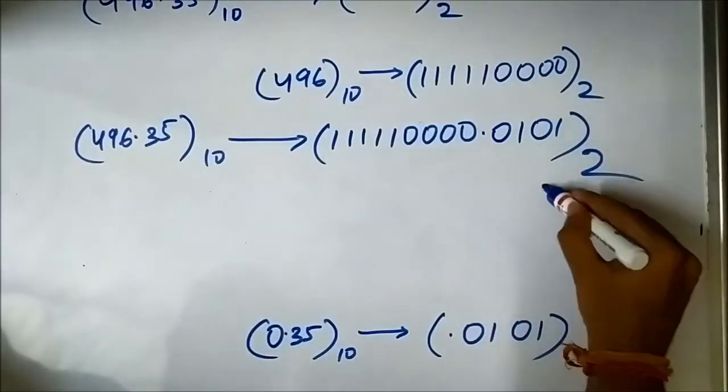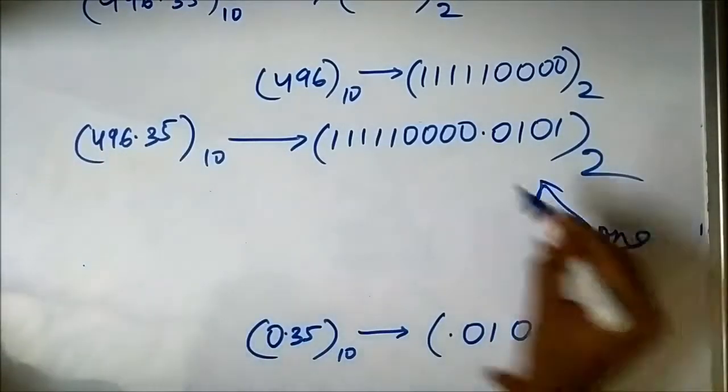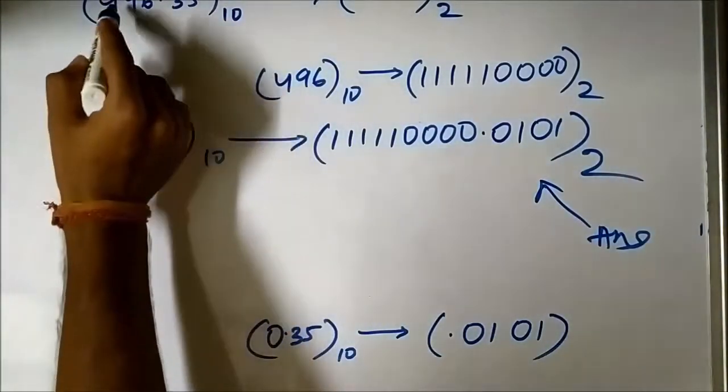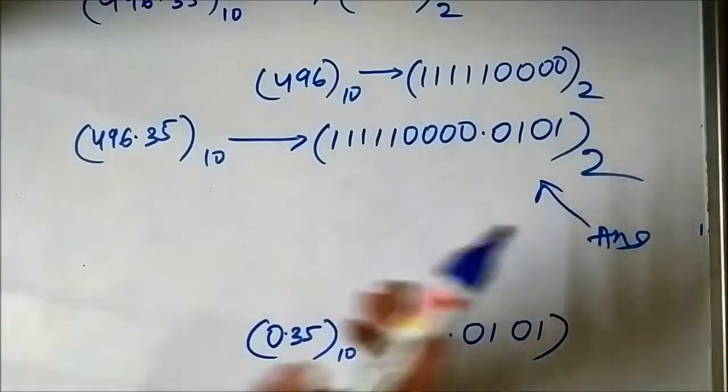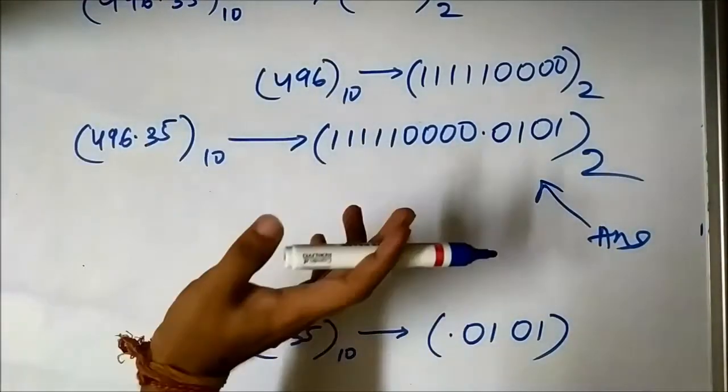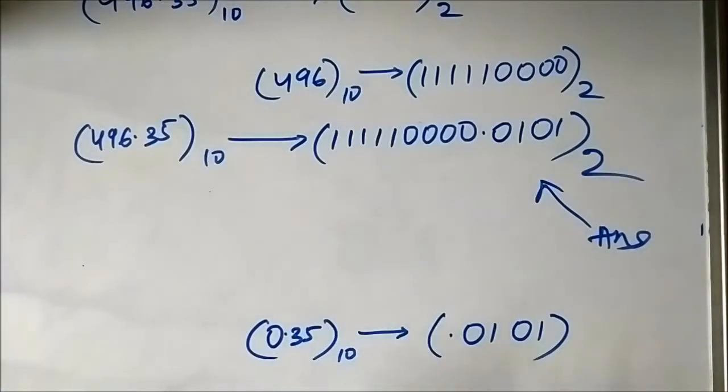This is the answer. So you have to deal with the whole and the fractional parts separately. You take the whole part, convert it into its equivalent binary form, take the fractional part, convert it into its equivalent binary form, and then combine them. Here we have discussed the various methods of conversion of a decimal number or a base 10 number into its equivalent binary form.